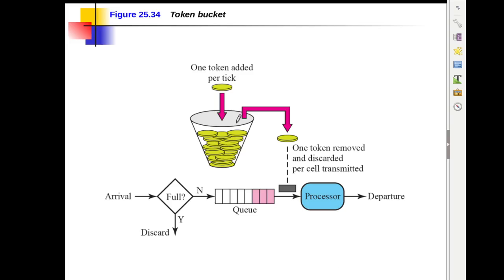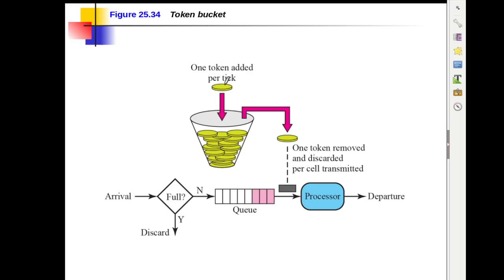So the token bucket algorithm actually allows idle hosts to accumulate credit for the future in the form of tokens. So for each, suppose tick of the clock, the system sends n tokens to the bucket. So the system removes 1 token for every cell, and then the data is transmitted.